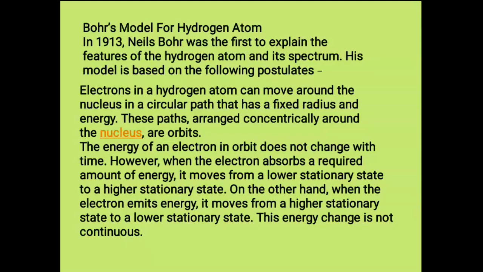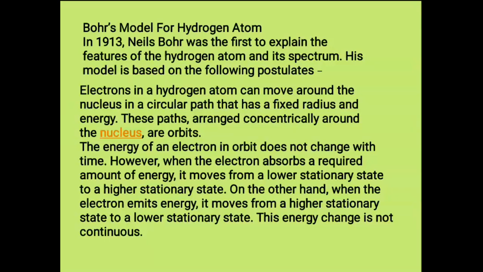So this main limitation was put forward by Bohr on the basis of Clark-Maxwell theory, which Rutherford was not able to explain. Now, in order to explain this limitation, Bohr proposed his model called Bohr's model for hydrogen atom.